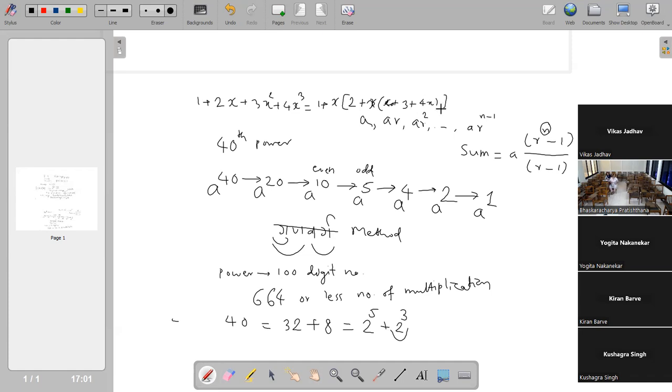Yeah, like this: 1 plus 2x plus 3x square plus 4x cube. So this is the Horner scheme. Basically, here the Horner scheme is used in the method of Bhaskaracharya together with powering. So that way it is a combination of these techniques.